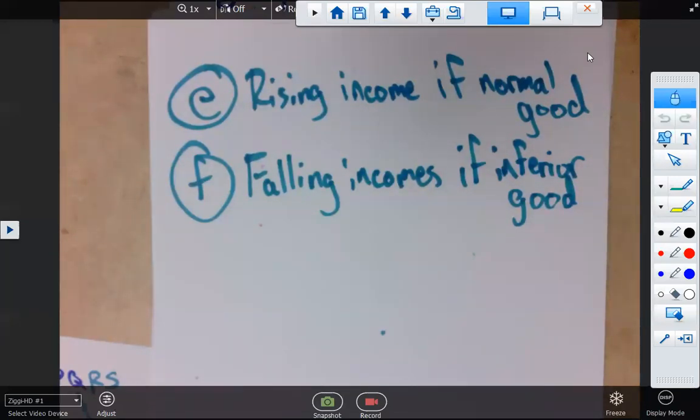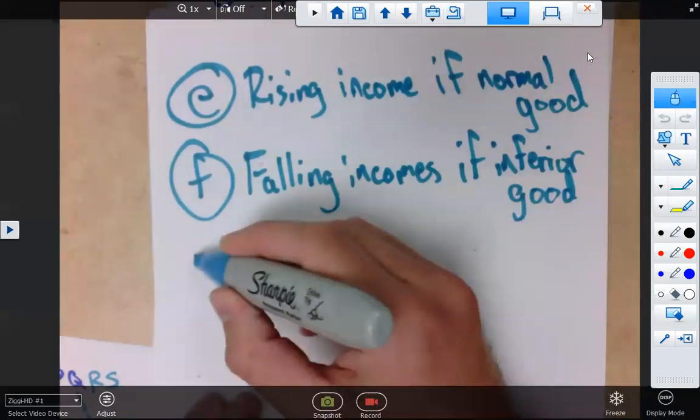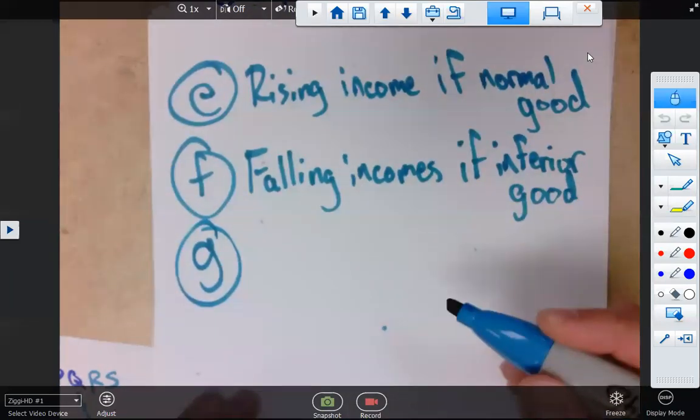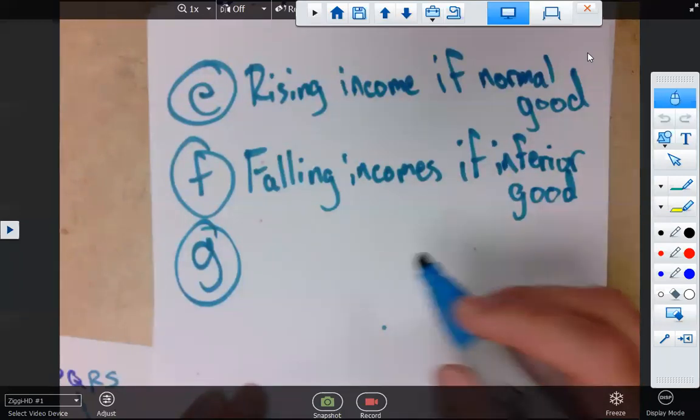And then our last one, which is probably the trickiest, is expectations.